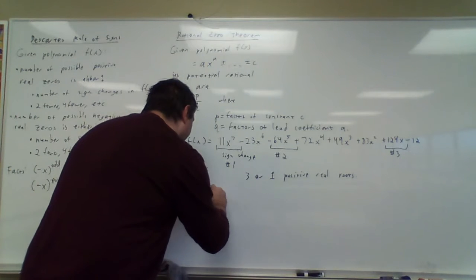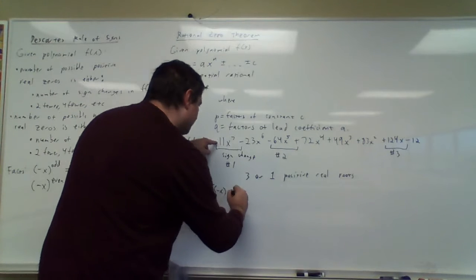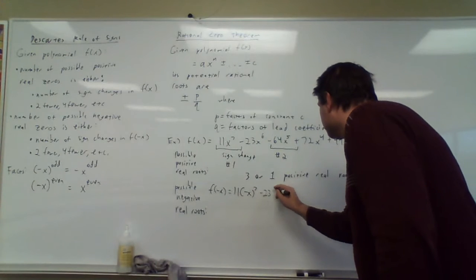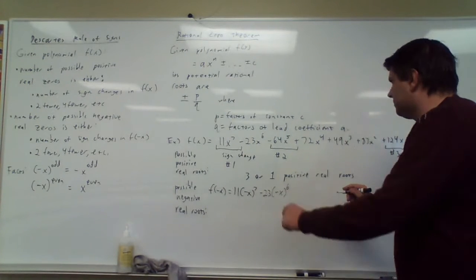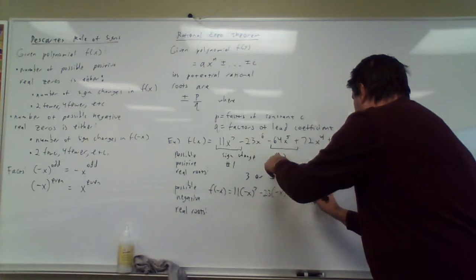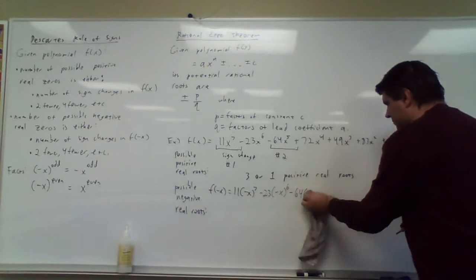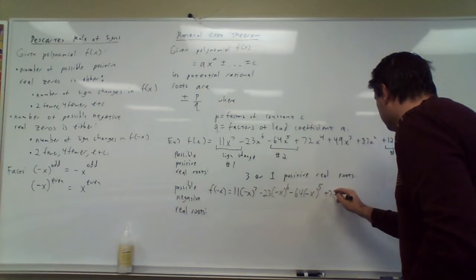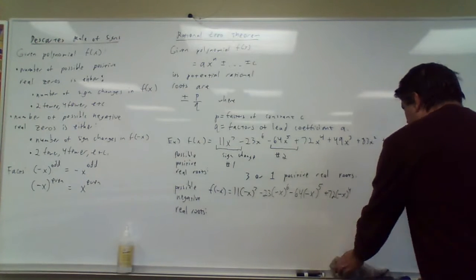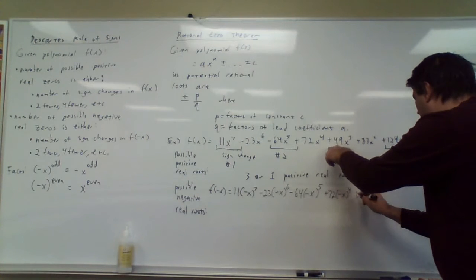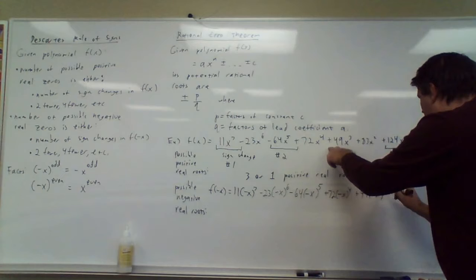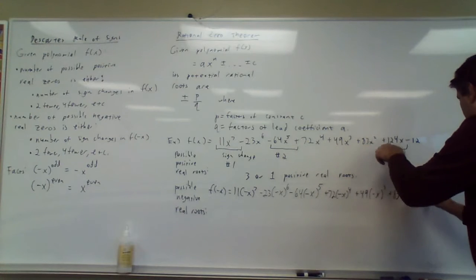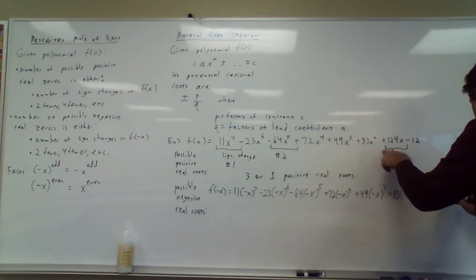That's going to be f of negative x is equivalent to 11, negative x to the 7th, minus 23, negative x to the 6th, minus 64, negative x to the 5th, plus 72, negative x to the 4th, plus 49 times negative x to the 3rd, plus 83 times negative x squared, plus 124 times negative x, minus 12.